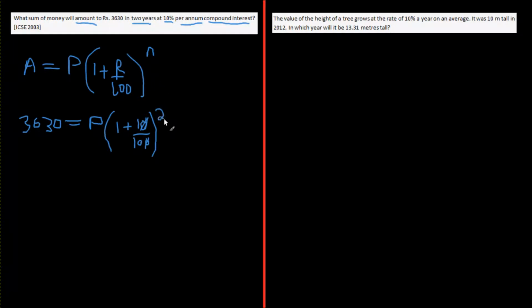Now just open this, it'll become P into 1 plus 1 by 10. So take the LCM, becomes 11 by 10, raised to the power 2. Now to find P, just take these two to the side.